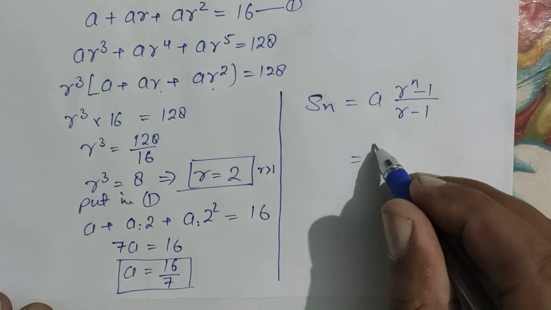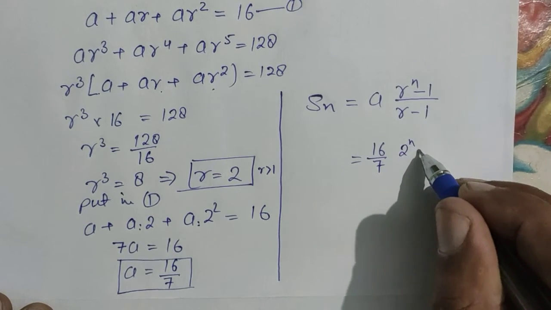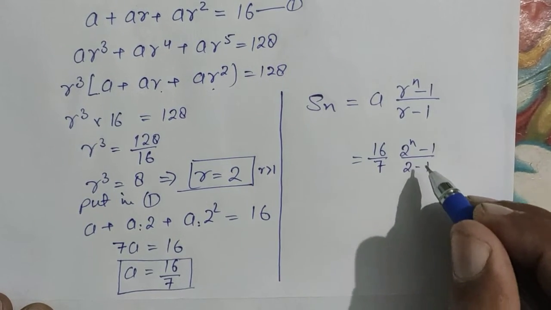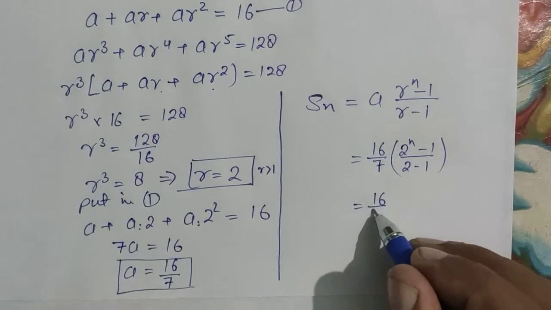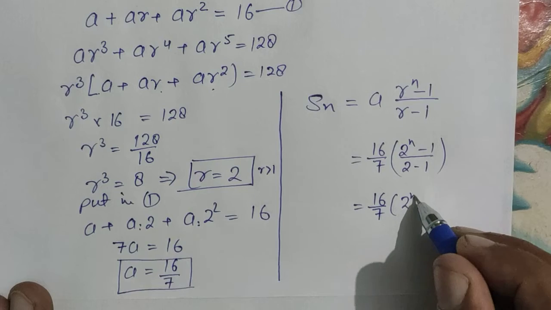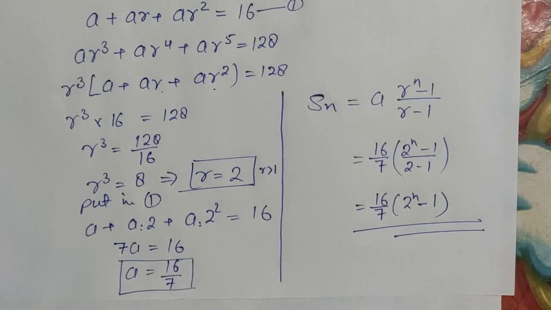So a is 16 upon 7, 2 to the power n minus 1 upon 2 minus 1. So the answer is 16 upon 7 into 2 to the power n minus 1. This is the final answer. So hope you are able to understand this question also.